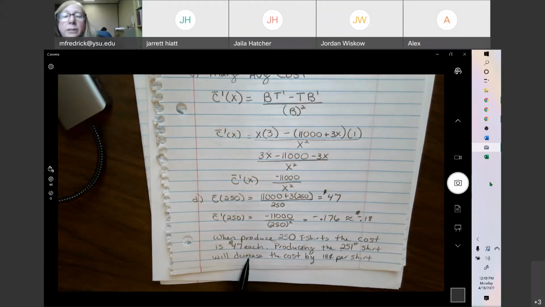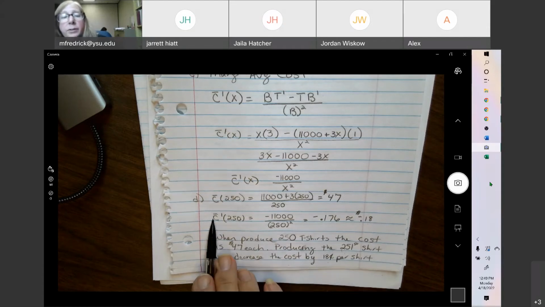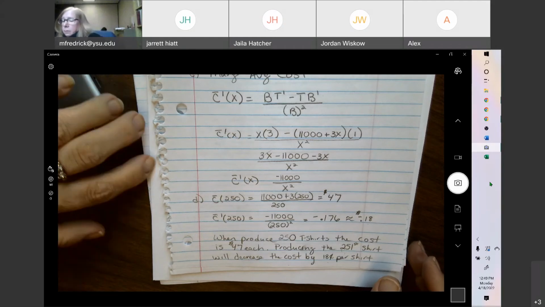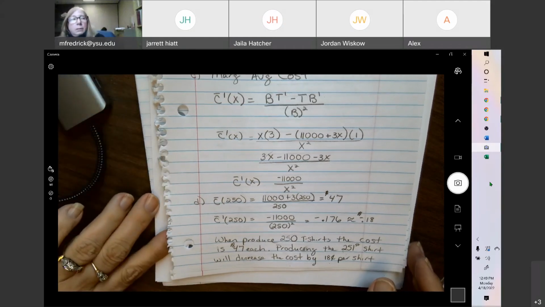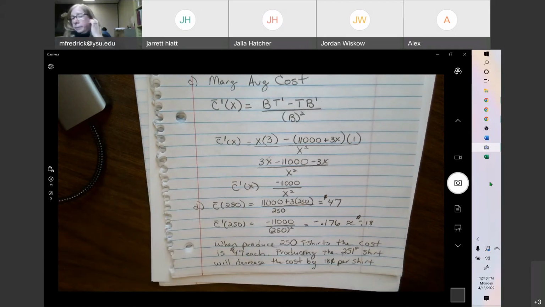It will decrease the cost because it's negative by 18 cents per shirt because this was average. Any questions on that?